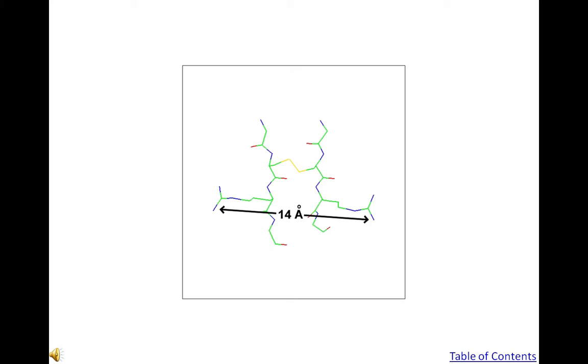In histone, however, about half the basic residues are lysine, which has a slightly shorter R group than arginine. Furthermore, there are no disulfide bonds in histone. This means that a structure comparable to the one shown in this slide, when found in histone, will, on the average, have a somewhat smaller spacing between the extremities of the basic residue side chains.